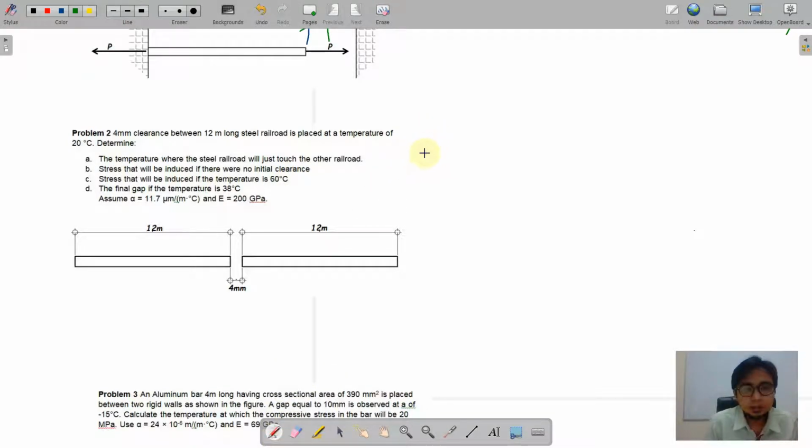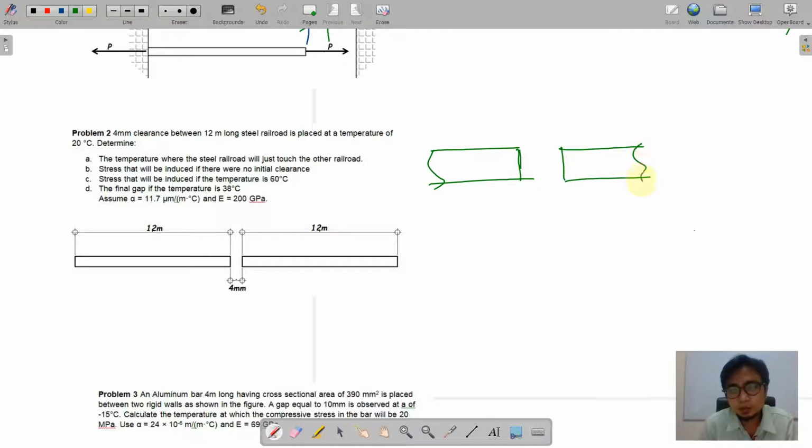Okay, so we'll just have to illustrate it. If this is the zoomed section, this is delta due to temperature, which will be equated to 4 millimeters, because the first unknown is referring to the temperature, so that this will expand and will just fill in the space or the gap.